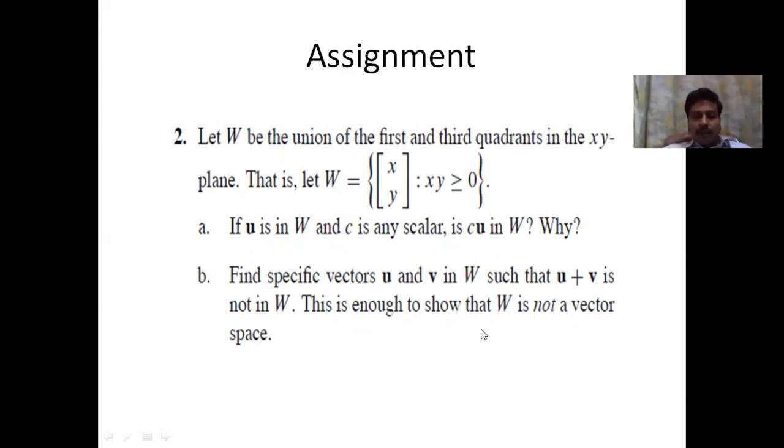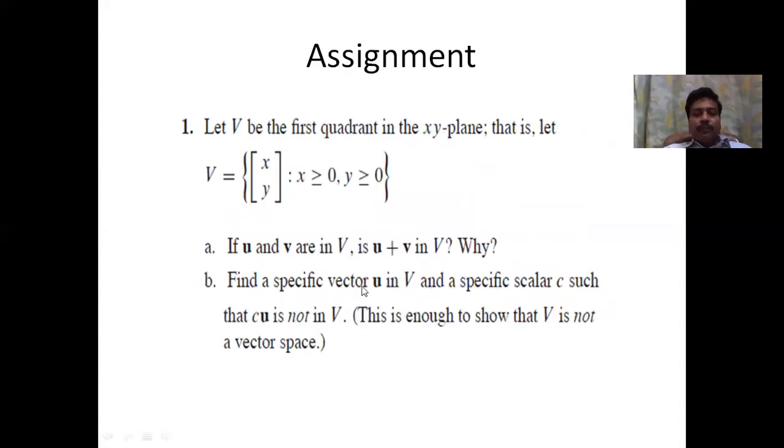But this property, Cu, the scalar multiplication, is not closed. So it is not a vector space. Only if all the 10 properties hold good can we say it is a vector space.